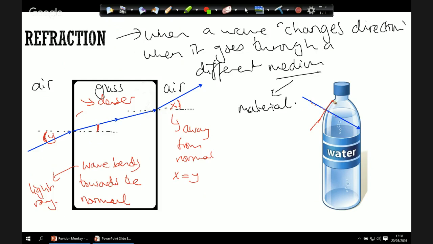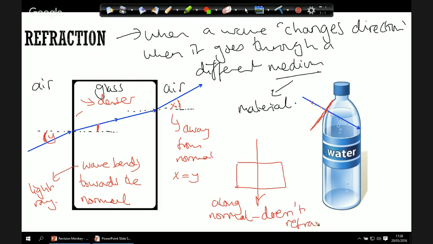Because if we draw a tangent to that line, this is probably more in the higher paper, but if we draw a tangent to that line there, the light ray is actually going in at 90 degrees. And when that happens, when the light ray goes through a different material at 90 degrees, it will go straight through. So if the light ray goes along the normal, it doesn't refract.